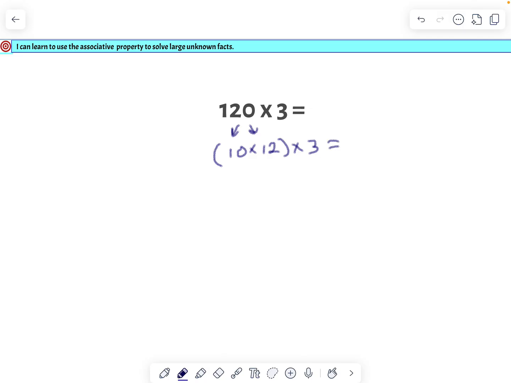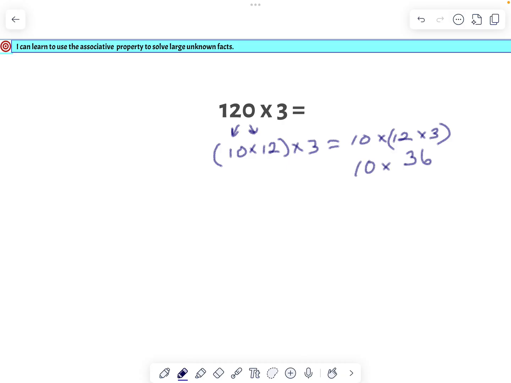I'm going to use my associative property again. I'm going to go 10 times 12, leaving the factors in the same order, times 3, and now I'm going to associate 3 and 12. I know that 3 times 12 is 36. I'm going to multiply that by 10.